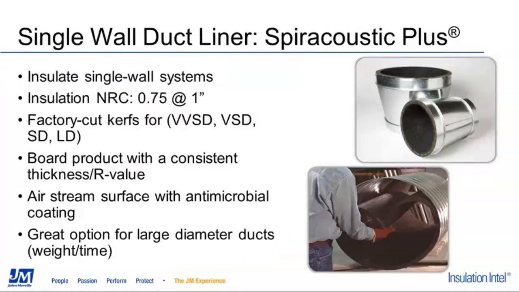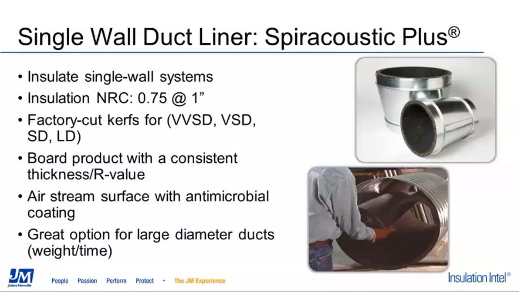And then next we'll talk about single-wall Ductliner and Spiral Acoustic Plus. So, a little bit more about why you would choose a single-wall system over a double-wall system first. The advantages of insulating a single-wall system versus a double-wall system are simple as it pertains to the weight and time you would save. When working in the field, the additional weight of the double-wall duct might require additional labor for supporting insulation for the installation process.